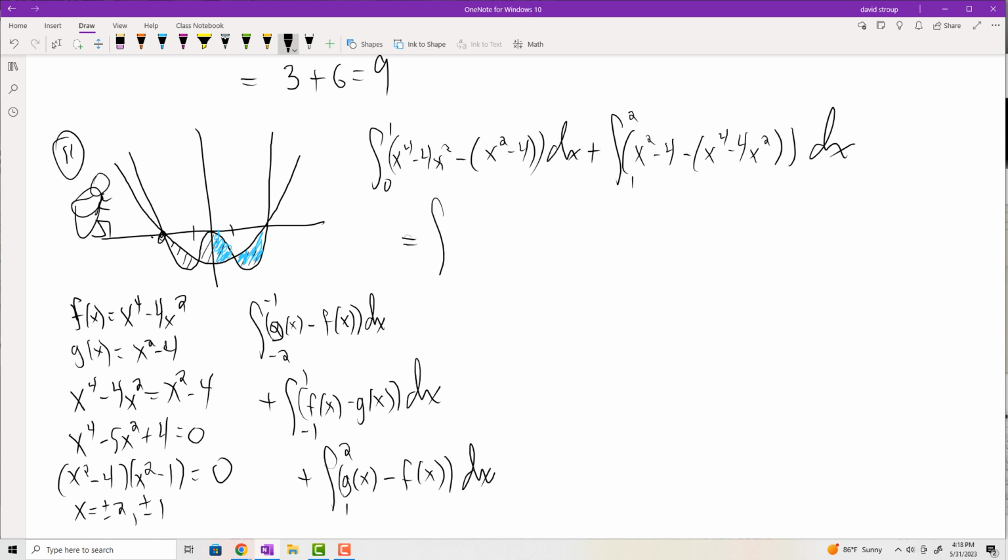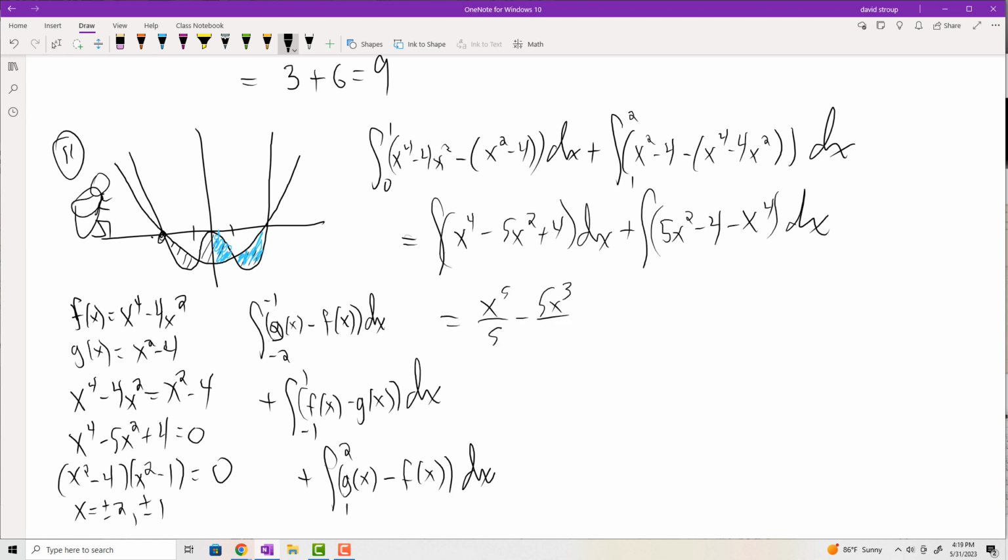Okay. Clean her up. So I got the integral of x to the 4th minus 5x squared plus 4 dx, plus the integral of 5x squared minus 4 minus x to the 4th. It's basically the same thing but with different signs. Integrate. So just doing power rules.